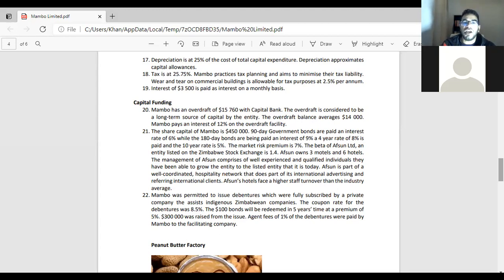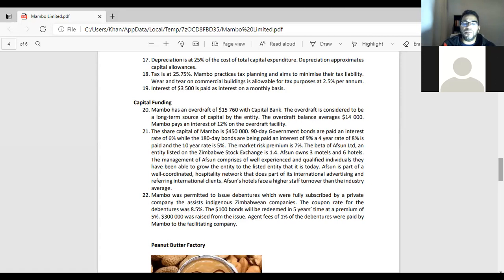So take note, as you read your capital funding, there are three things you want to identify: the source of finance, which could either be debt or equity, the cost of finance, and also your weighting. Generally the weighting is going to be based on the market rate. So here we can see a bank overdraft and then the interest that we are paying.